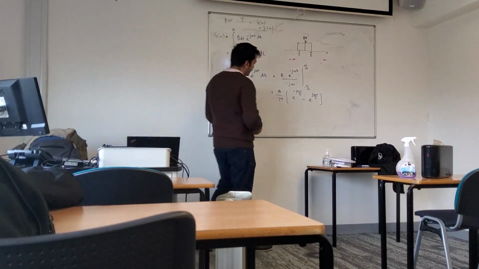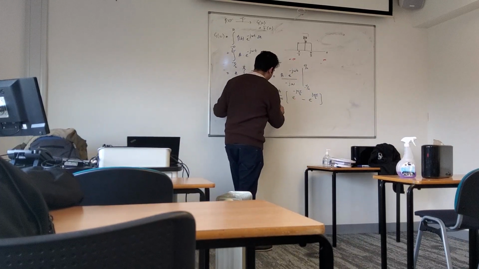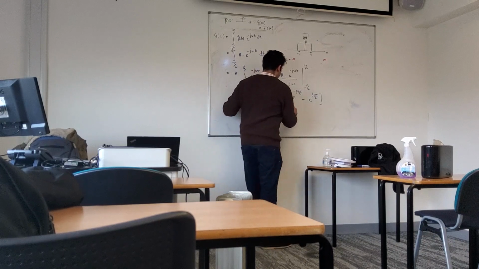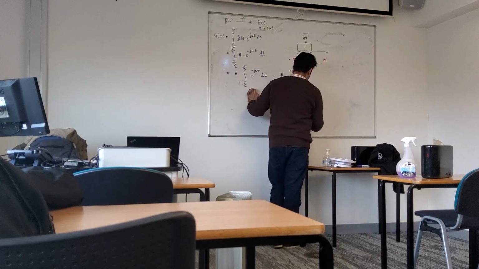Here, if I take the minus out, or multiply the minus inside, it would be a divided by j omega times e power j omega tau by 2 minus e power minus j omega tau by 2.